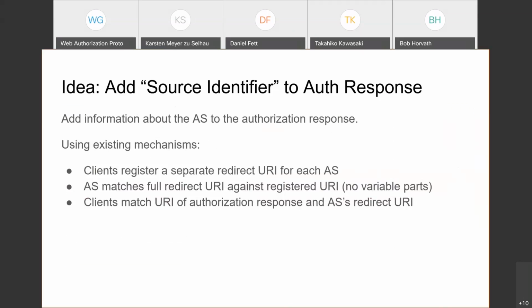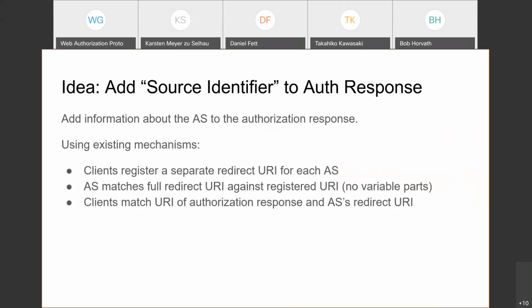Clients need to register a separate redirect URI at each of the authorization servers they are using. And when a client is redirected back, the authorization server checks the registered redirect URI against the one in the authorization request and makes sure that they match completely.